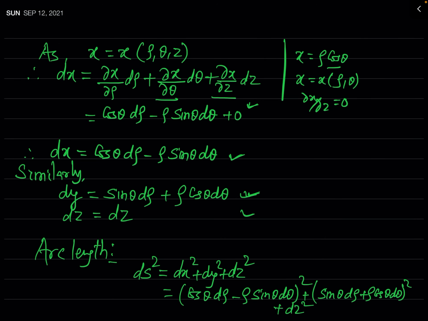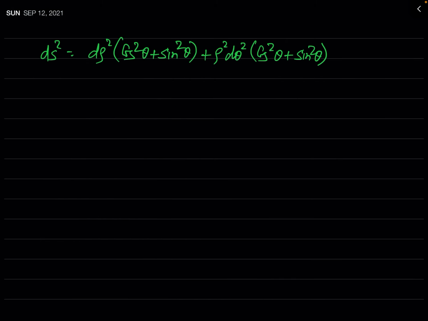And the other term, 2 cos theta rho sine theta d rho d theta, will be negative in one term and positive in the second term, so those two terms cancel out. So the remaining terms are dz square plus dz square. So we get ds square equal to d rho square plus rho square d theta square plus dz square.